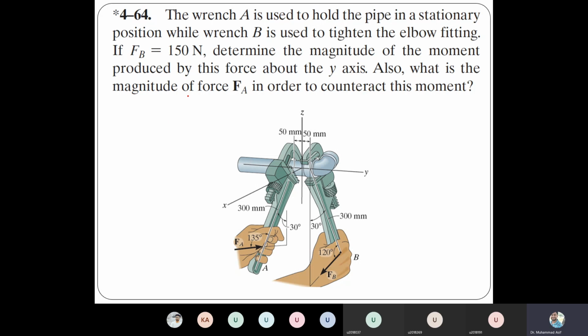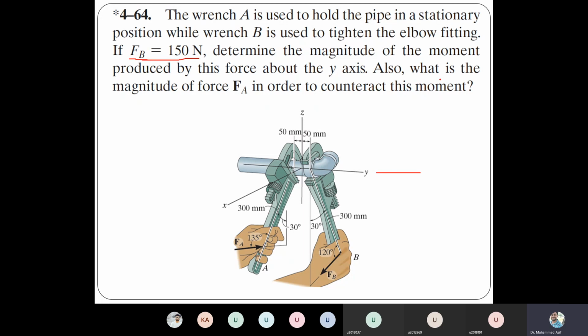What you need to figure out: FB is given here. Let's say the FB value is 150 Newton. Where is FB? So this is FB, and this value is given, equal to 150 Newton. The question is to determine the magnitude of the moment produced by this force about the y-axis. So first of all, what is the moment produced about the y-axis?